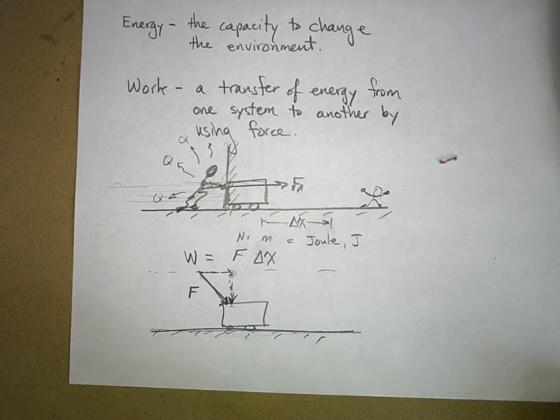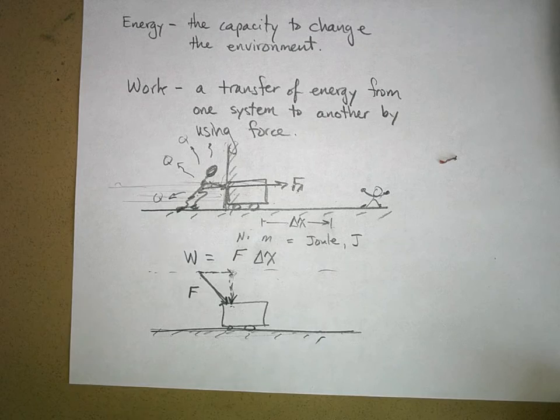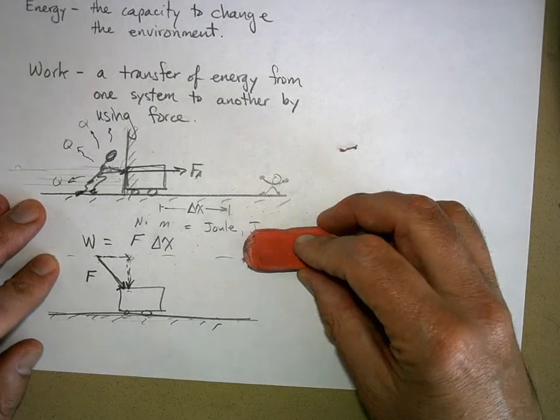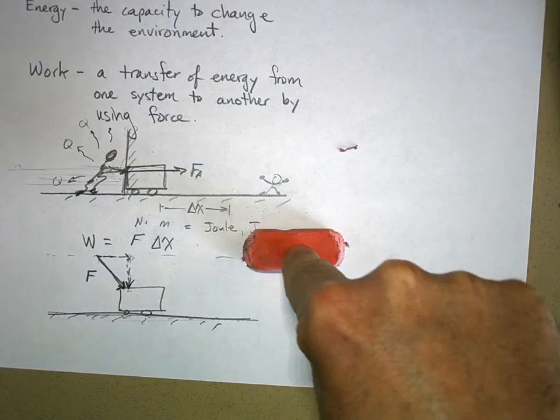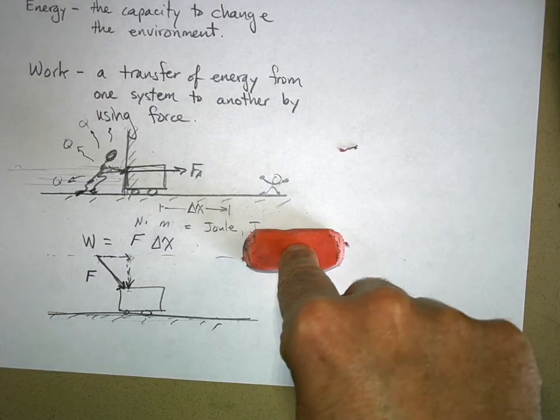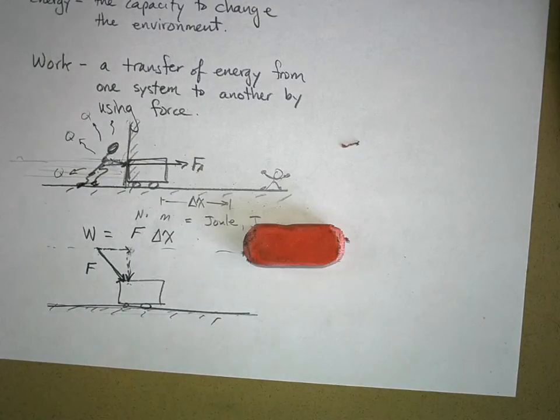In other words, one way to look at it is that if you push down on this crate, if all you do is push down, here's an eraser, okay, this is my crate. If I push down on it, what's happening to the eraser? Nothing. Does the eraser, now that I push down on it, have the capacity to make changes to its environment?